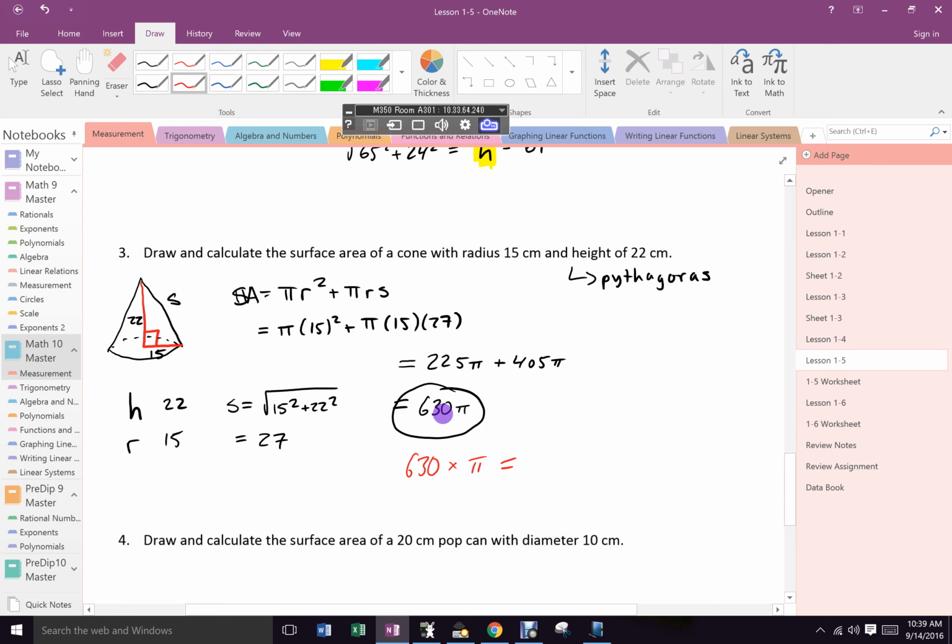This one's just prettier. And I'm warning you, in grade 11 and 12 and beyond, you will always leave pi as pi. So it's a good habit to get into now in grade 10. You picking up what I'm putting down? Everybody with me?